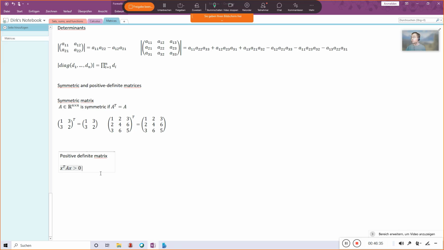There's also positive semi-definite, which would be if we have the larger or equal sign here. A again is a square matrix.